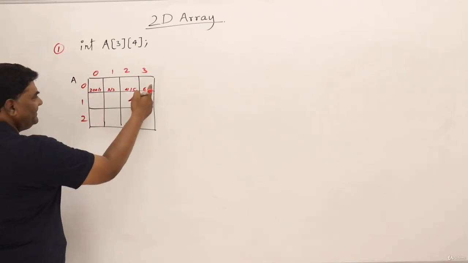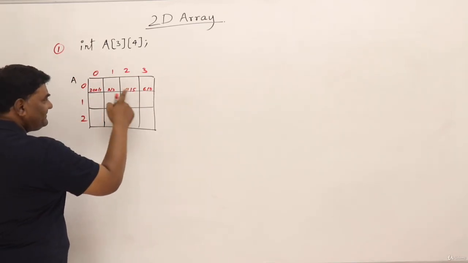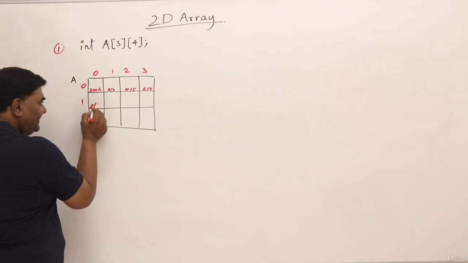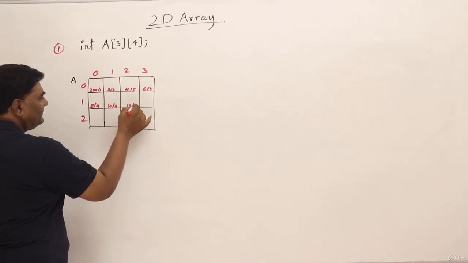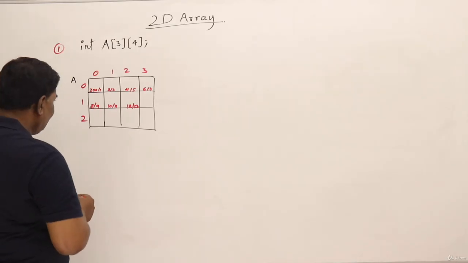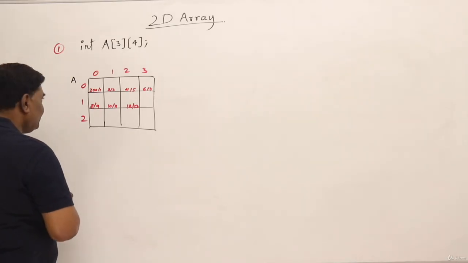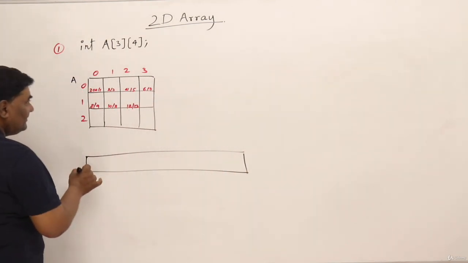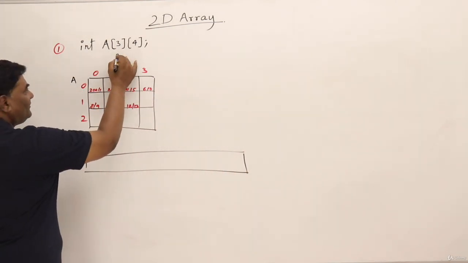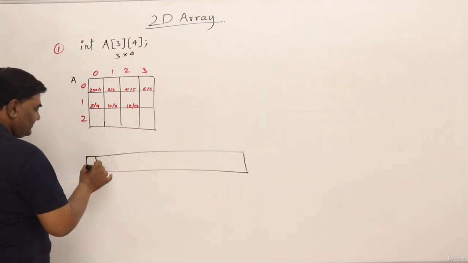Then this will be 208 and 209, 210 and 211, 212 and 213. So in reality, the memory will be allocated like a single dimension array with 3 into 4, 12 integers.